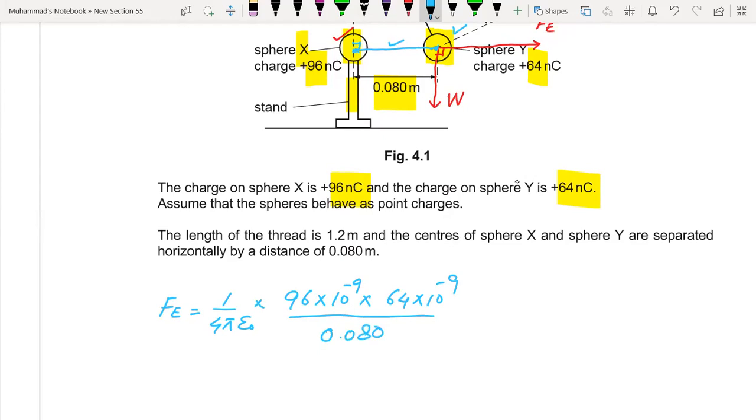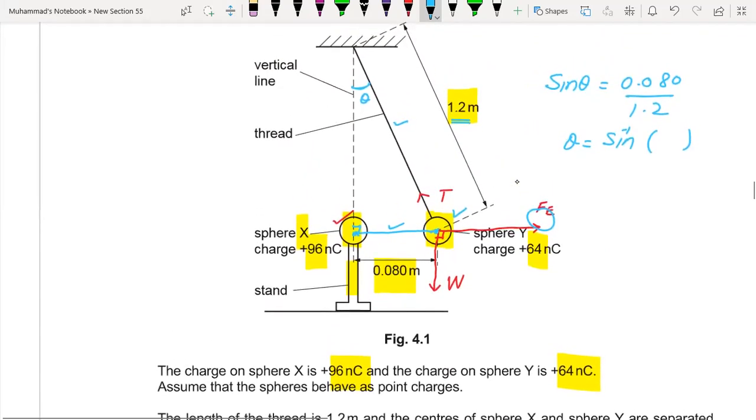The value of epsilon is taken from the first page of this paper: 8.85 times 10 power minus 12, times 4 pi. Using this, you will find the force is 8.63 times 10 power minus 3 Newton. So the electric force is this.